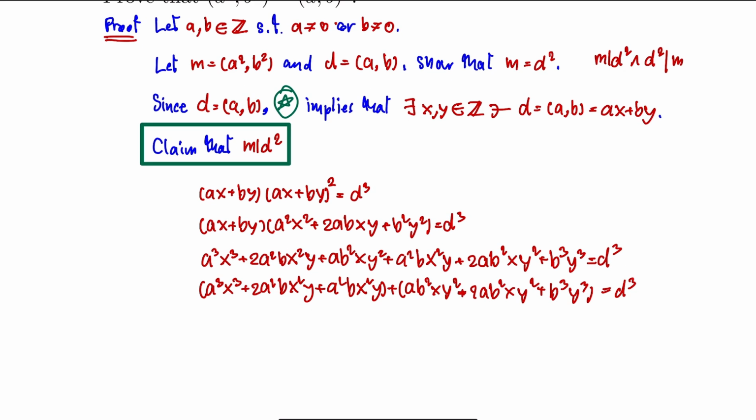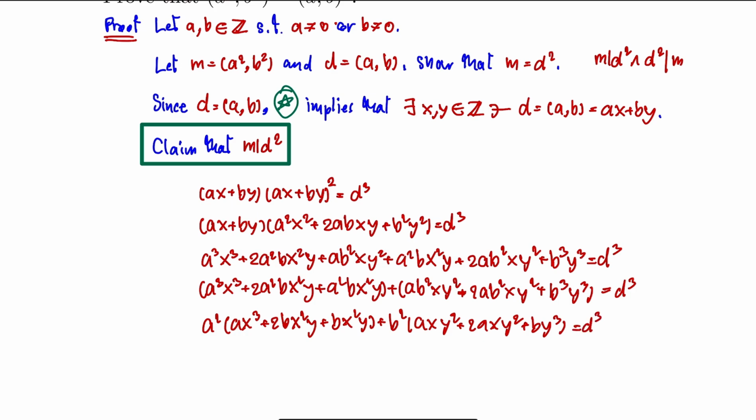Then factorize a square out of the first group, and b square out of the second group. So we have a square times (a x cubed plus 2bx square y plus bx square y) plus b square times (axy square plus 2axy square plus bx cubed) equal to d cubed.